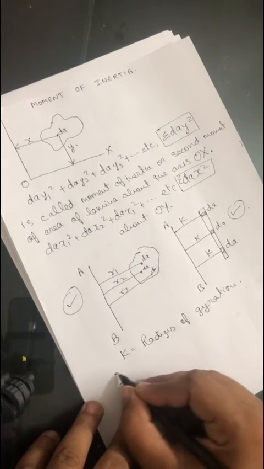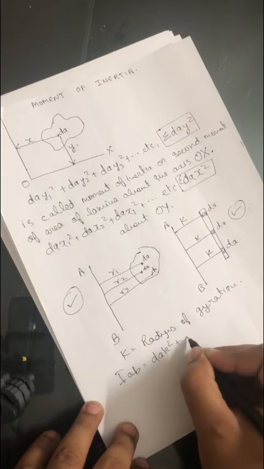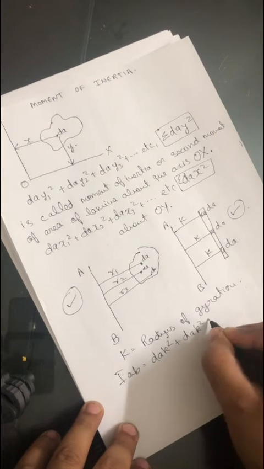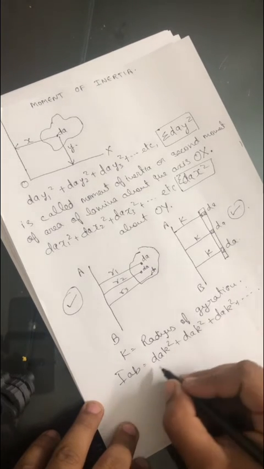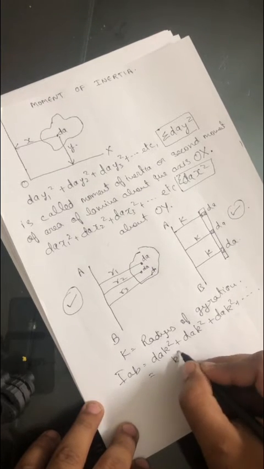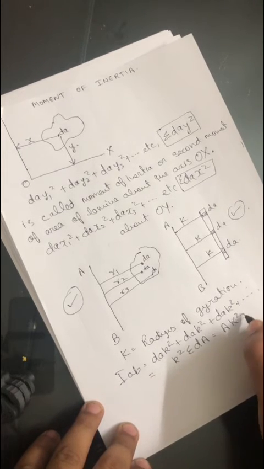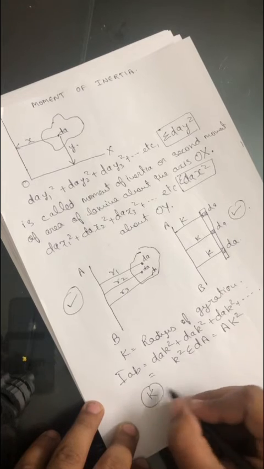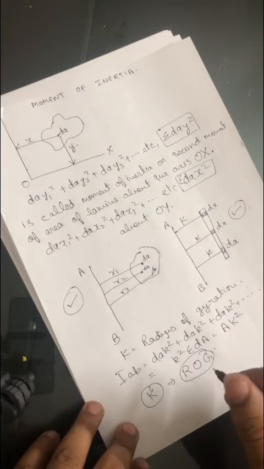that is IAB is equal to dAk square plus dAk square plus dAk square plus dot dot dot. So it will be equal to K square sigma dA or AK square. So this quantity K is our ROG, radius of gyration.